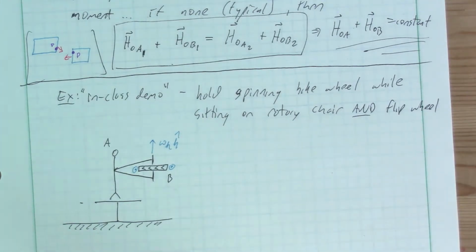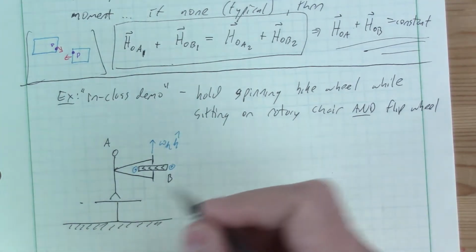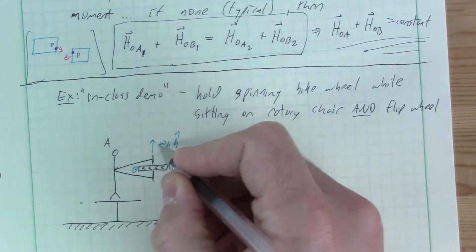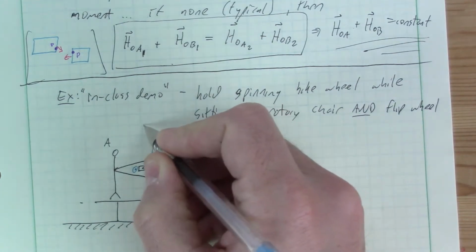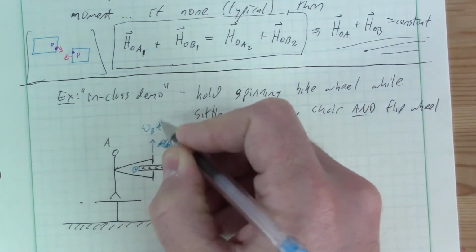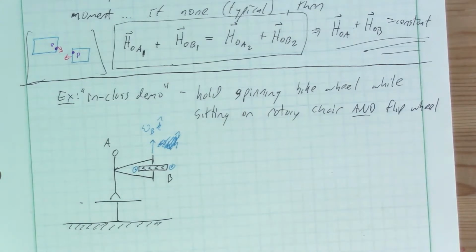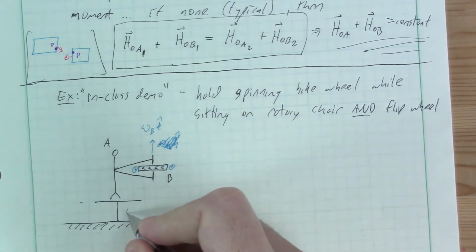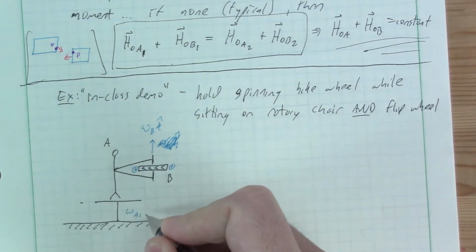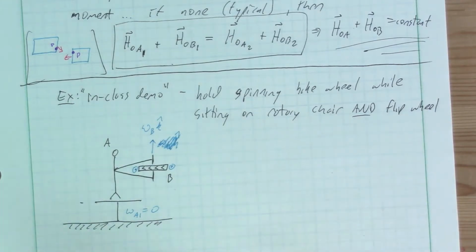So omega, oh, that shouldn't be k. Let me redefine this. This is omega b k. Let's say omega a1 is then 0. So this has the ability to rotate, but it's not.